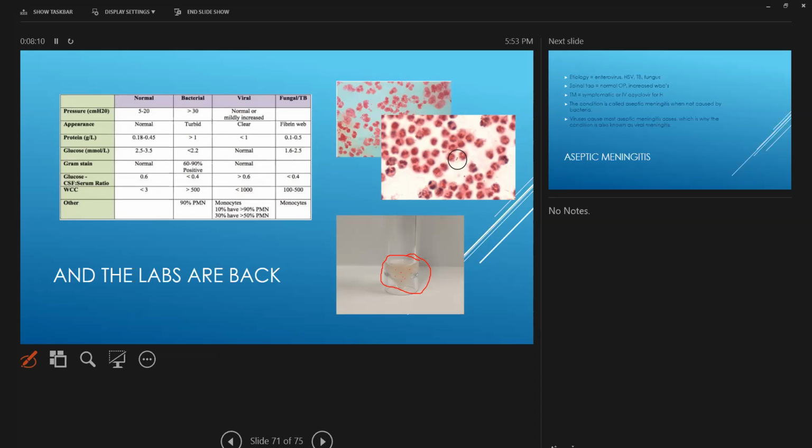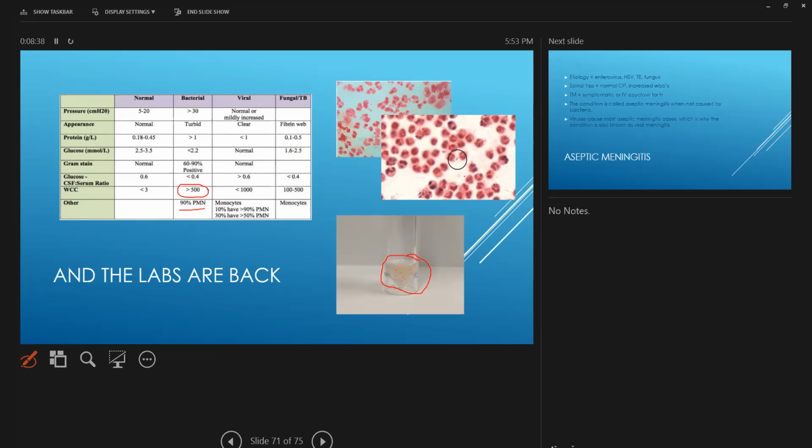Gram stain is going to be positive almost always, 60 to 90%. And then we're going to see a decreased glucose to CSF serum ratio. So you're taking the glucose in the CSF and the glucose in the serum, and you're making this ratio. And then greater than 500 white blood cells per cubic milliliter, and then greater than 90% neutrophils.